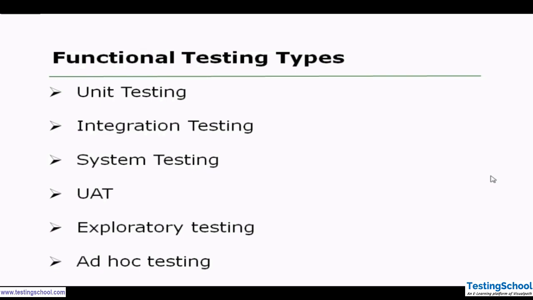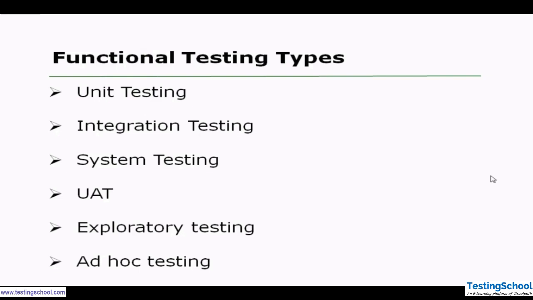Ad hoc testing is also a kind of, you can say, exploratory testing where we don't have any particular fixed way for the testing. In the ad hoc testing, we move from one page to another page and do the testing and give the final output to the client.